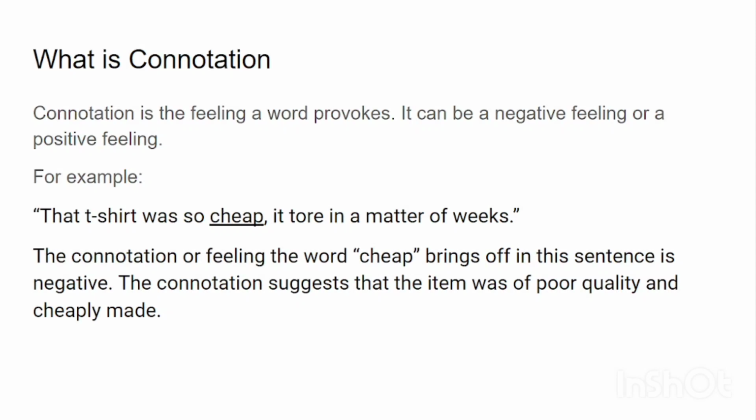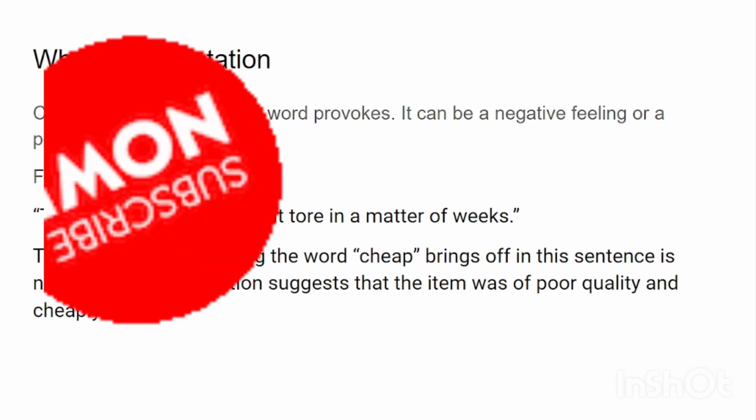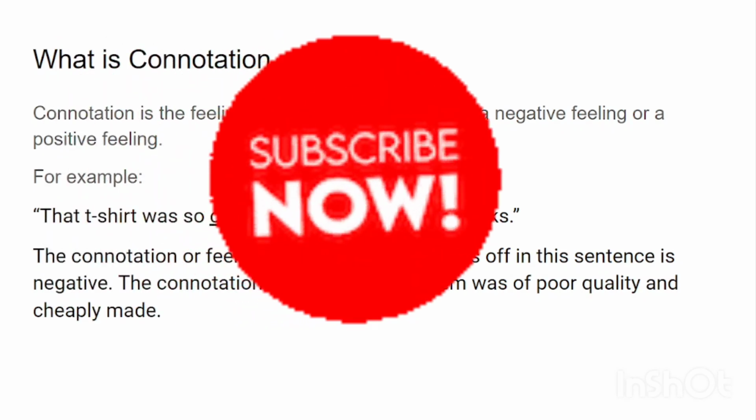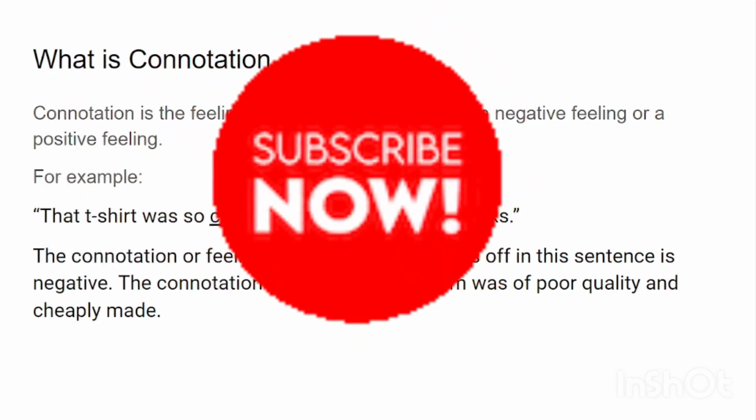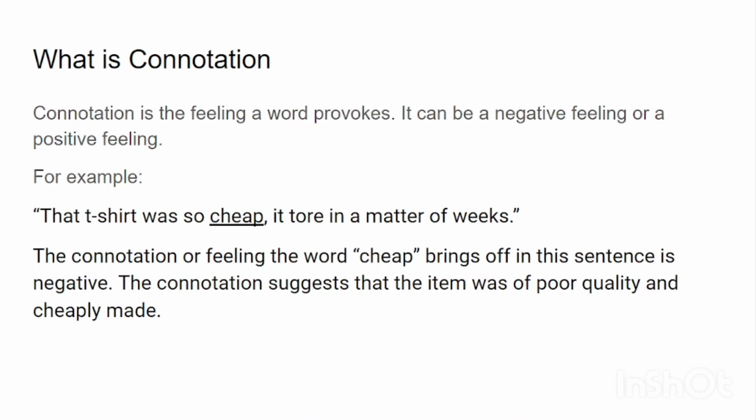In this case, if I'm telling someone that their shirt looks cheap, right? It's more of a negative. It's in a negative light. So the connotation, or feeling, the word cheap brings off in this sentence is negative. The connotation suggests that the item was of poor quality and cheaply made. So once again, denotation is the actual meaning and connotation is the feeling it brings off, and that feeling can either be positive or negative.